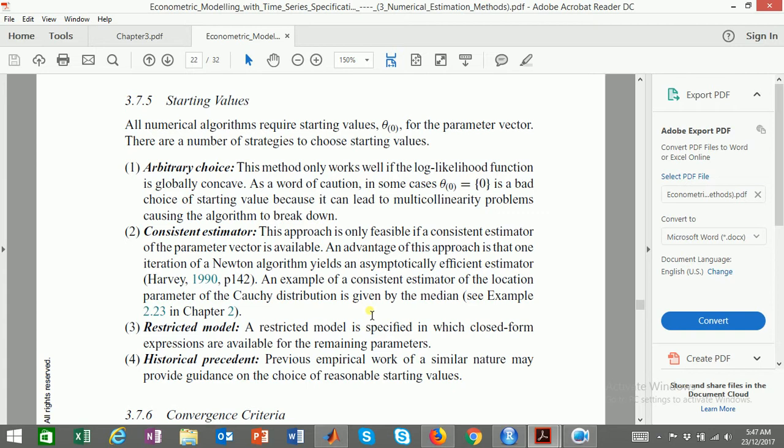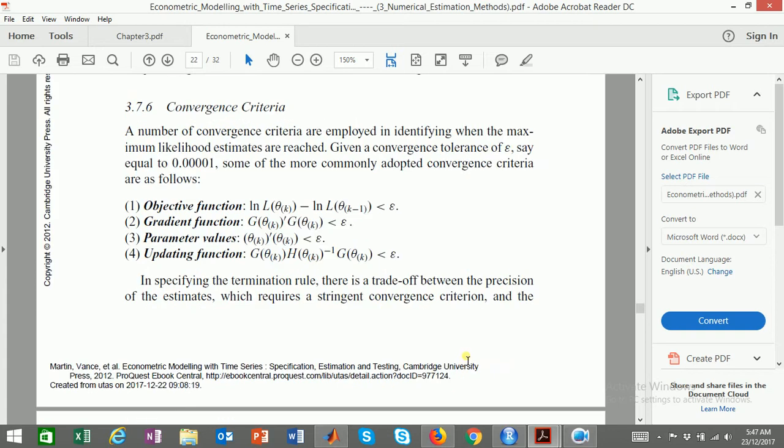We will still get our expected optimized value, so no worries. A very common tolerance level that is applied is 0.0001. We have to remember that. And some of the more commonly adopted convergence criteria are objective function, gradient, parameter values, updating function. We know these things already.